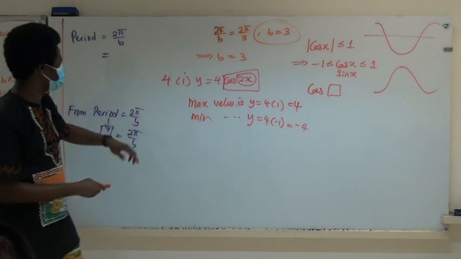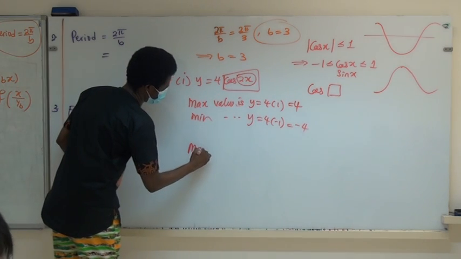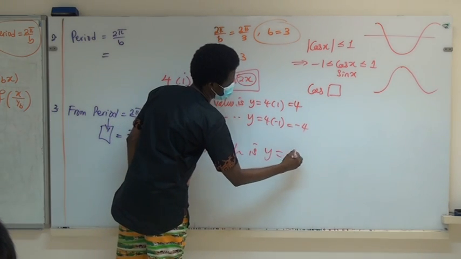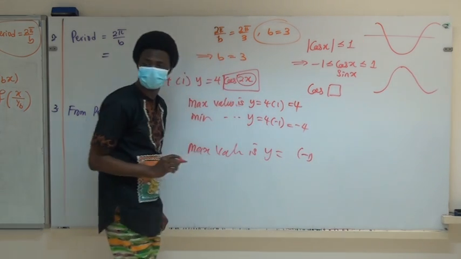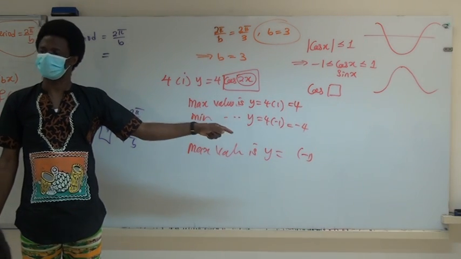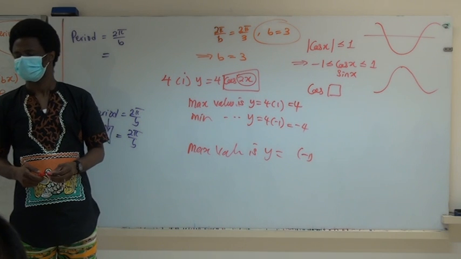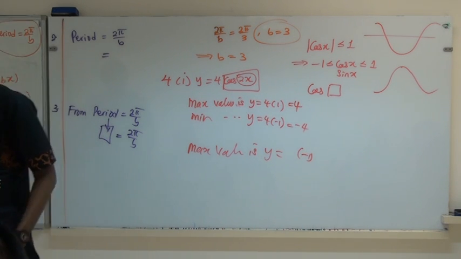So when you are writing, the maximum value is y equals something times -1 in the bracket. The maximum is when that cosine is -1 because it has to be flipped.